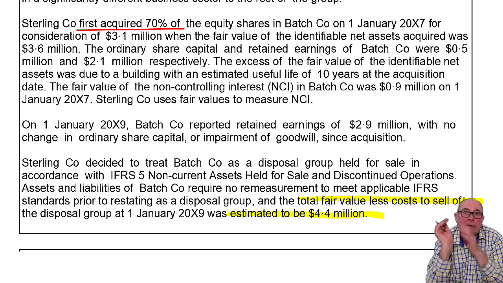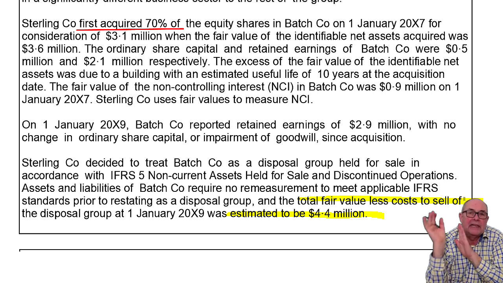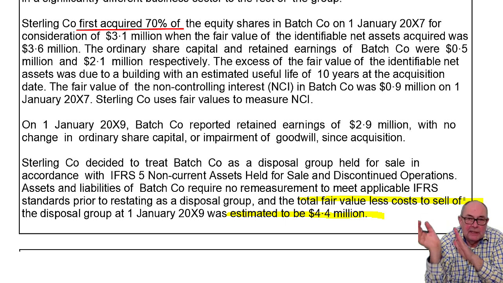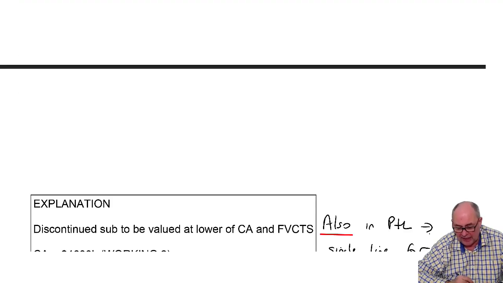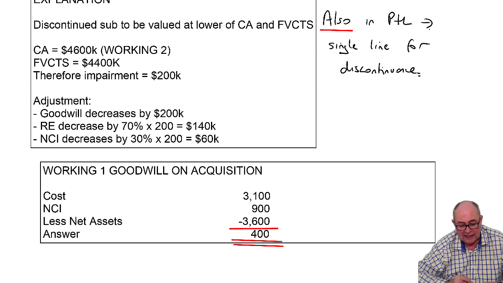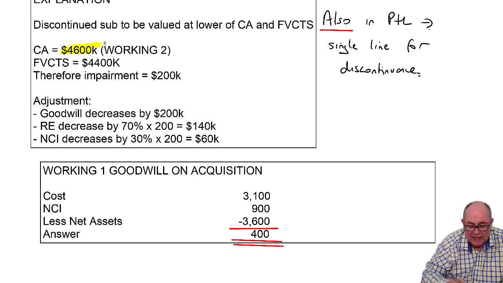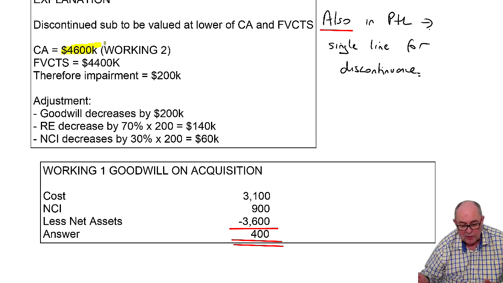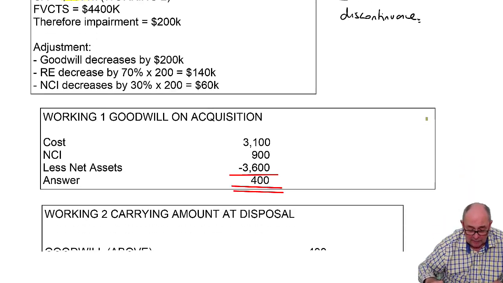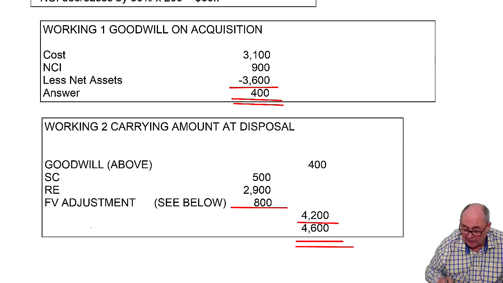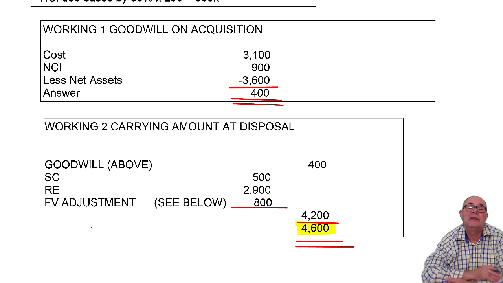Now, the carrying amount of a company is the value of its net assets plus its goodwill. So back across here, I'm now thinking about this 4.6. The 4.6, as we're going to see in a moment, is the net assets plus the goodwill. So you can see it down here in my working. There's the 4.6.